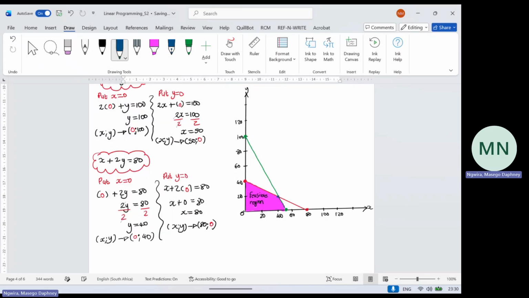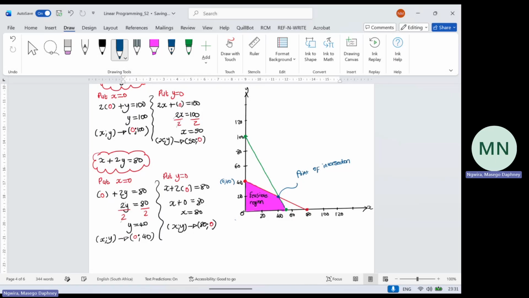Now we're going to look for this point. This is the point of intersection where you look for this point by solving things simultaneous. Point of intersection. By now, you know. Okay, maybe you don't know, but yeah. Point of intersection. And then this corner point is 0 and 40.